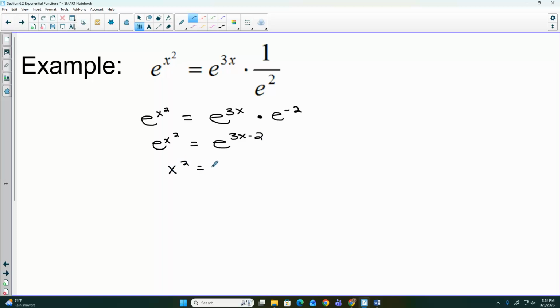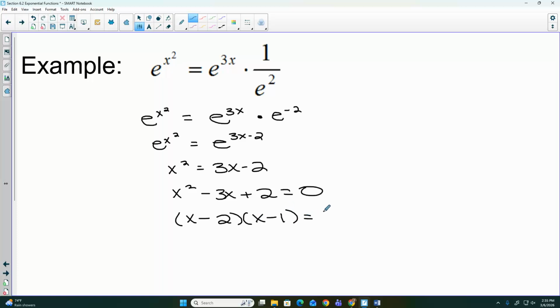So then we can set our exponents equal to one another. Equal to 0. So multiply to 2 and add to -3. And -2 and a -1. So x is 1 and 2.